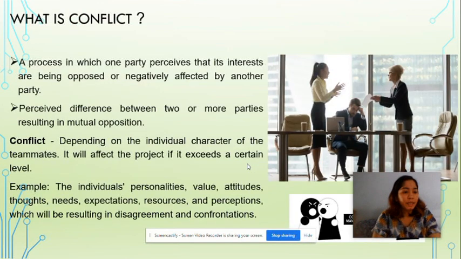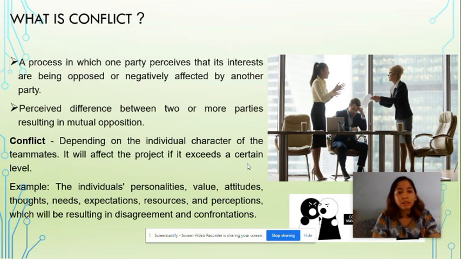Based on project management, conflict can take many different forms. For example, a process in which one party perceives that its interests are being negatively affected by another party. Second, perceived differences between two or more parties.